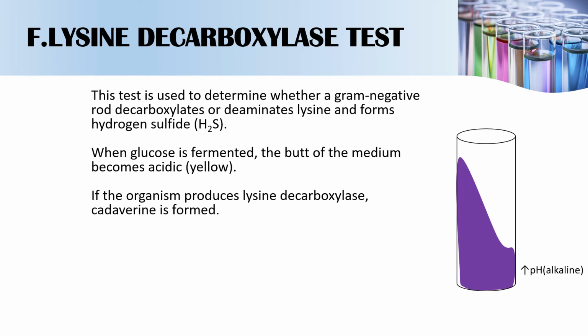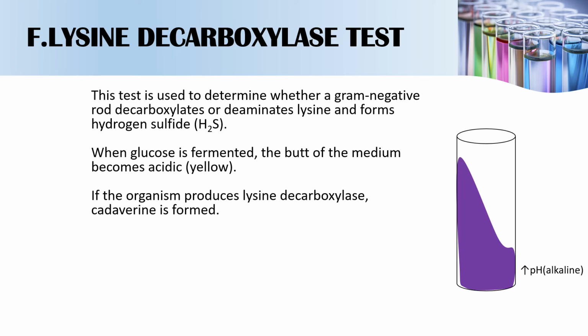But if the decarboxylase is not produced, the butt remains acidic or yellow. Now, if you see your lysine iron agar tube with a yellow butt after overnight incubation, it indicates that the organism is negative for lysine decarboxylase.